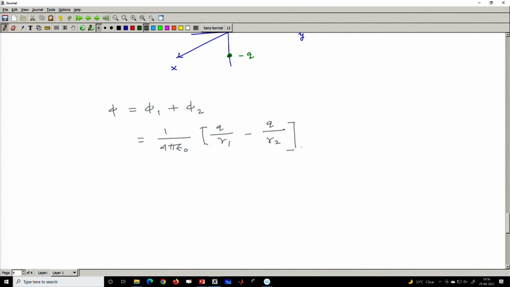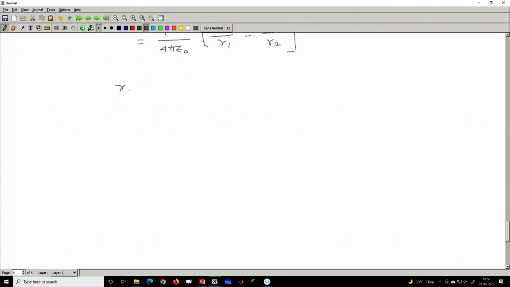What is r 1 and what is r 2? r 1 is x square plus y square plus (z minus d) square, whole to the power half, and r 2, the distance from the minus q charge, is x square plus y square plus (z plus d) whole square, whole to the power half.